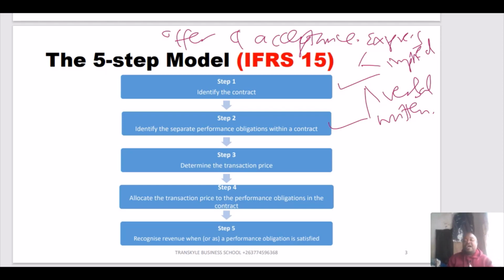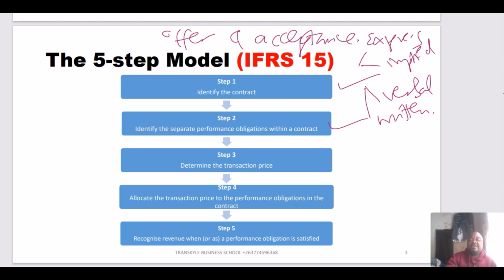Then you need to identify each separate performance obligation within the contract. Remember, one transaction can actually expose you to more than one performance obligation. So you need to identify those obligations. Like I said, we are going to delve much in the next coming minutes on the explanation of each and every one of these steps.